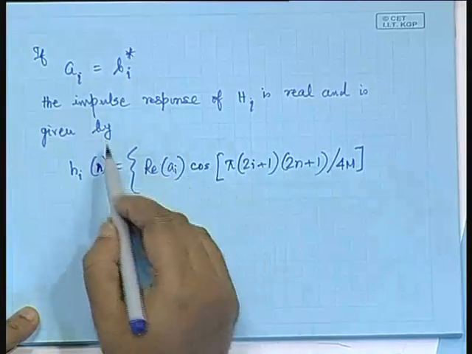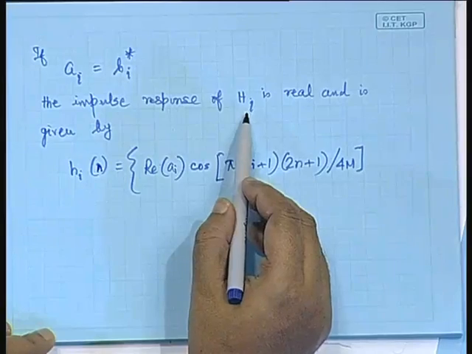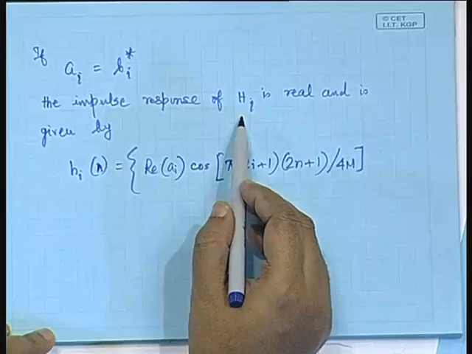So, we are now trying to get the h_i(n), which is nothing but the impulse response of the band pass filter H_i that we are realizing.